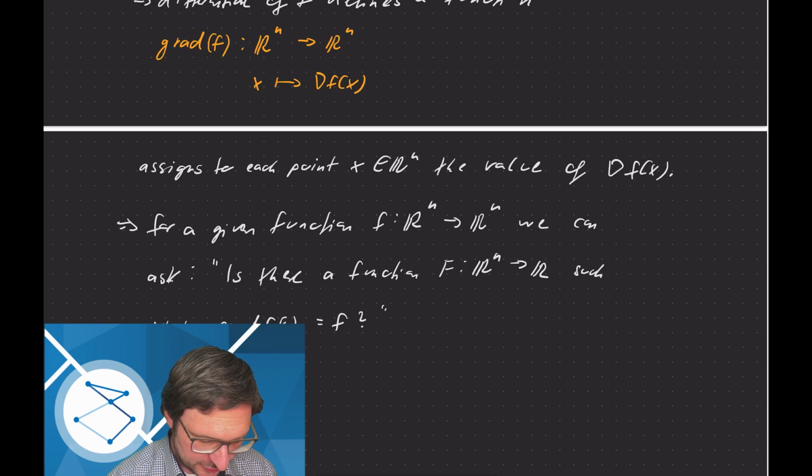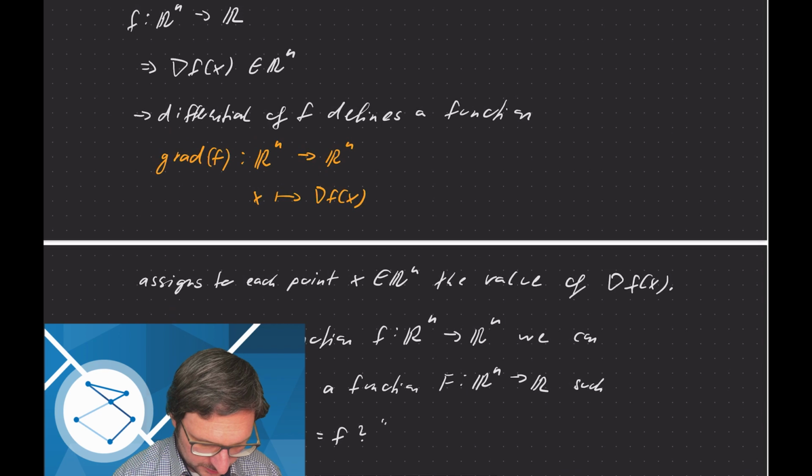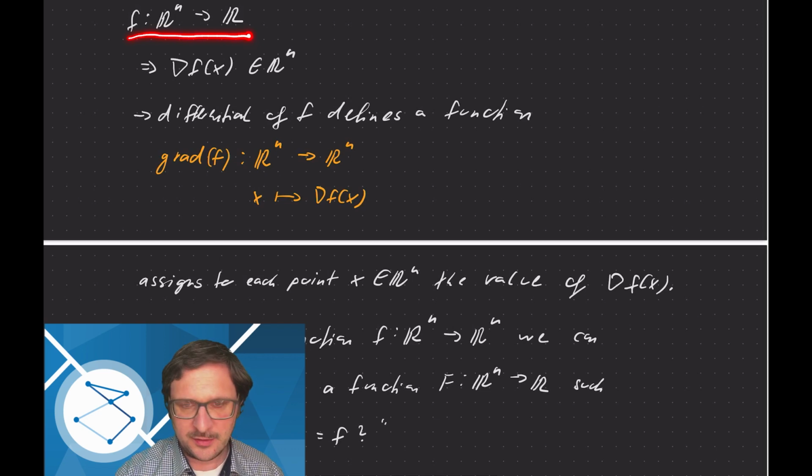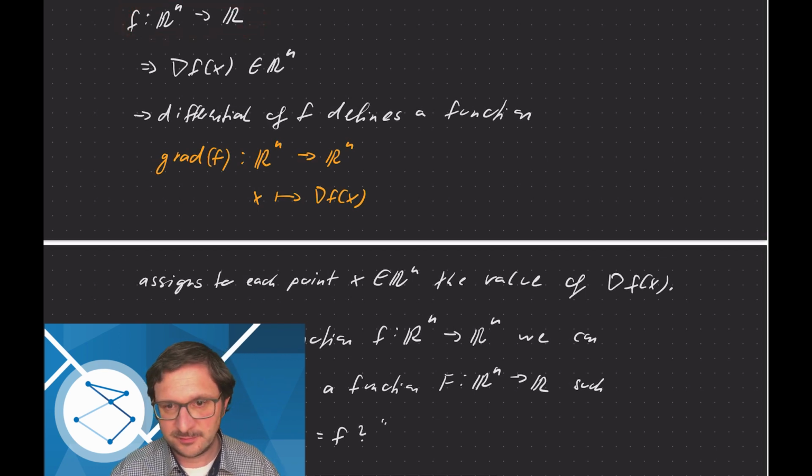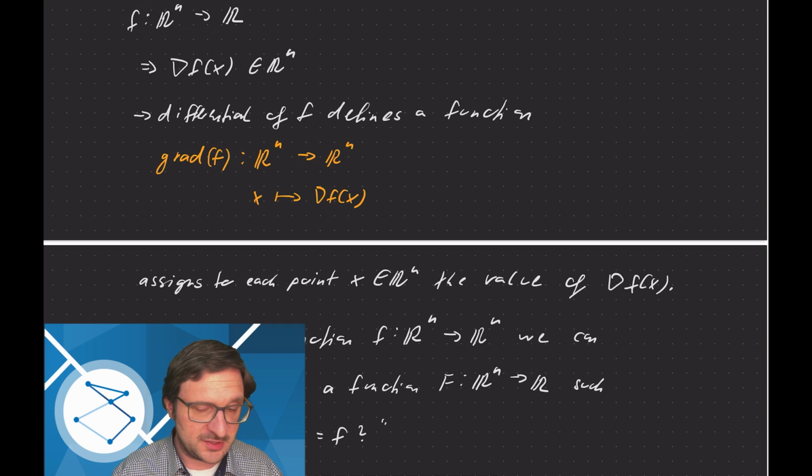But it's not that universal anymore. For example, if we have a function that is not defined as Rn to Rn, but for example a function like this, then what would an antiderivative of that be? This cannot be a gradient. So what does that even mean, an antiderivative of such a function? Maybe that's not possible at all.